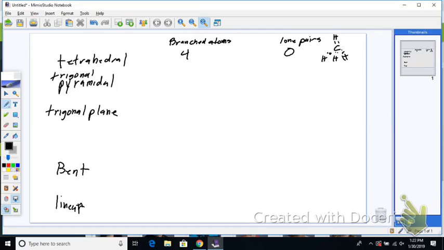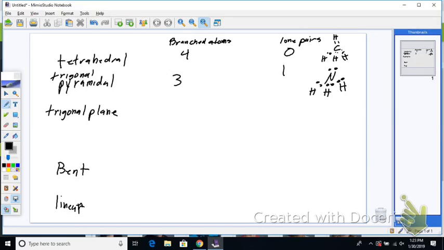Branched atoms, how many? How many lone pairs? 0. Okay, 1. And so that would be like this one here. Now, when I draw these shapes, I'm trying to draw them with the shared pairs, kind of like it would look if it was kind of looking from the side. So that would be a trigonal pyramidal there.